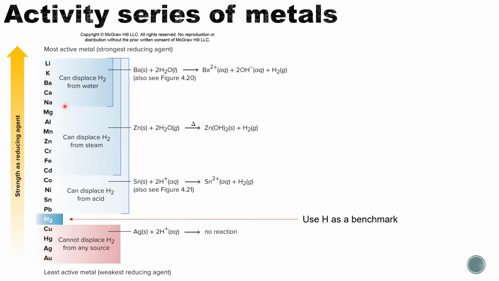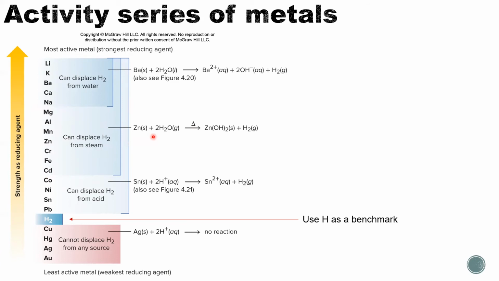As you can see from the top, it also puts these metals into 3 different categories. The most active ones can displace hydrogen from water, which means at room temperature. If we put lithium in the water at room temperature, they will react and give you hydrogen gas. In the second tier, from magnesium to cadmium, they can displace hydrogen from steam, which means if you just put that in room temperature water, no reaction will occur.